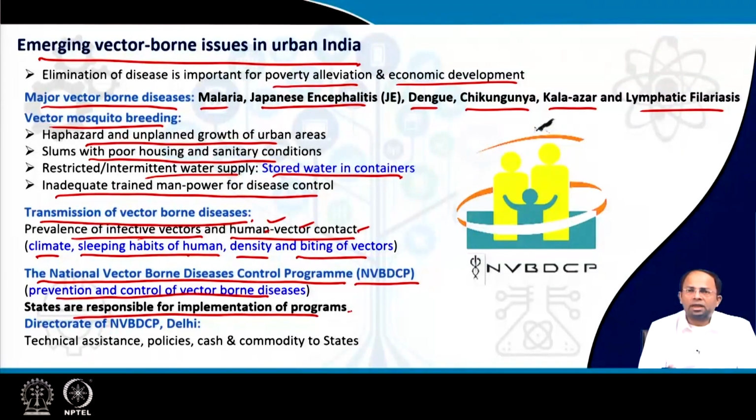One aspect is to control the vectors, which is the mosquito, and the other is to control or treat the disease. Treatment of disease is done via the primary health centers or other health facilities, whereas the control has to be done through certain measures which can only be done by the ULBs.